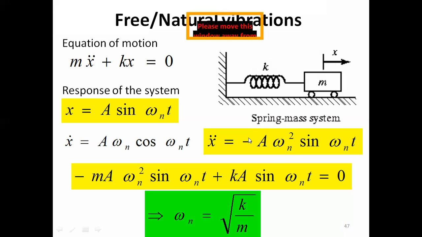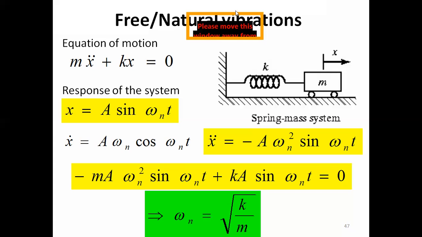Putting x and x double dot into the equation, we get minus m A omega n squared sine omega n t plus k A sine omega n t is equal to 0. We could take k A sine omega n t as common.